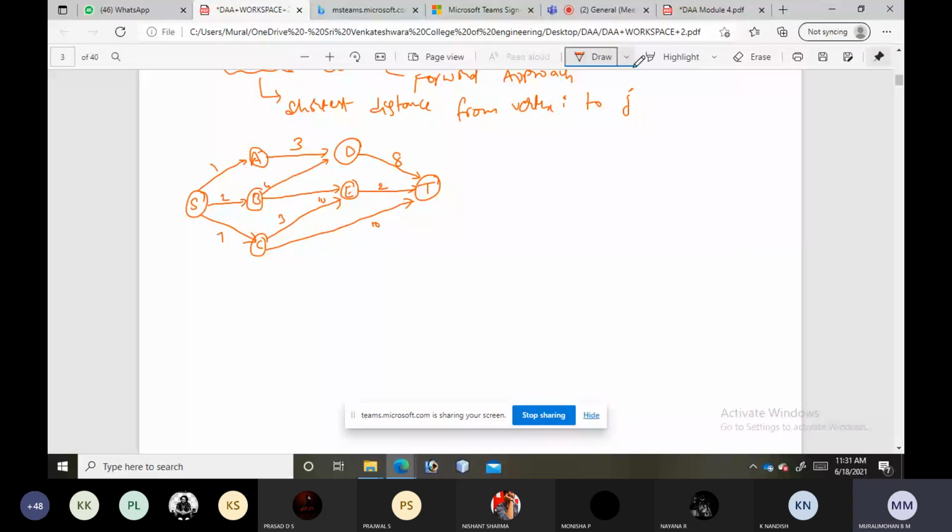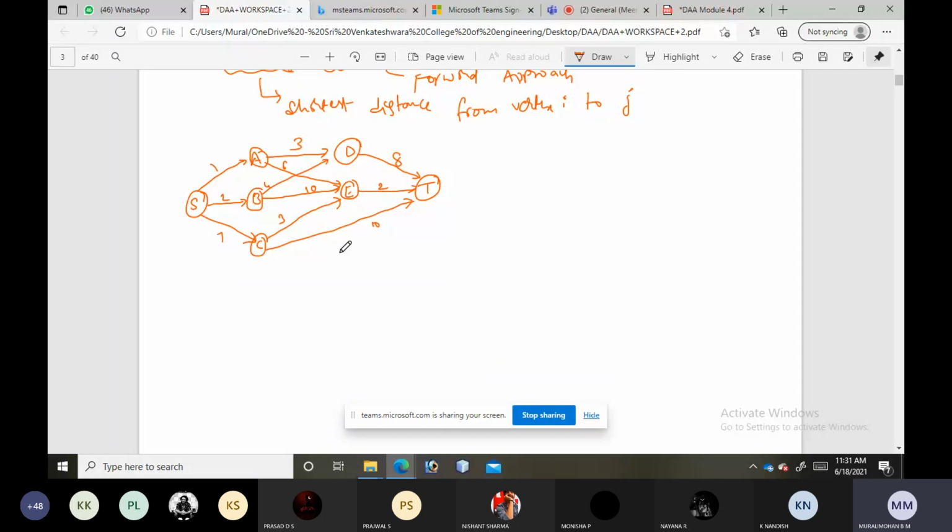Okay, so this 10 is for this one. And here A to E and the cost of this is 6. Okay, so this is a graph we are having, right?